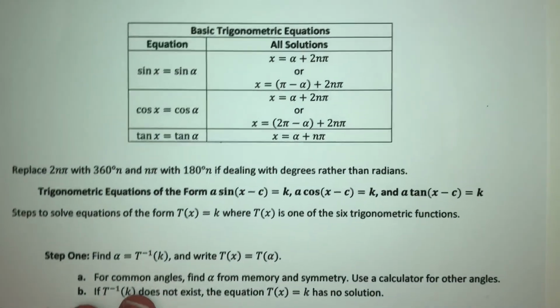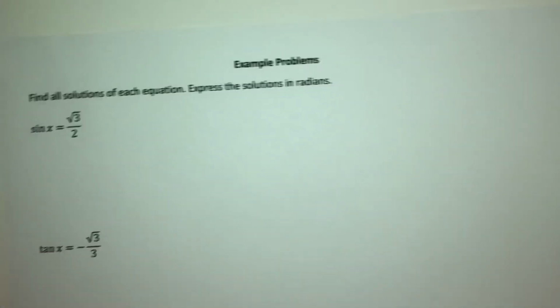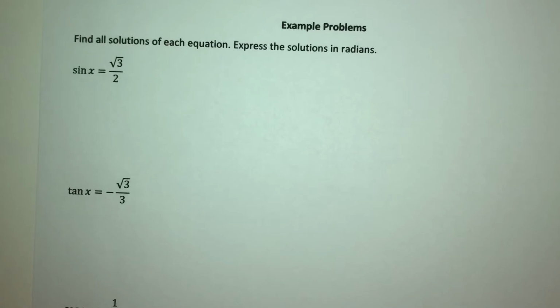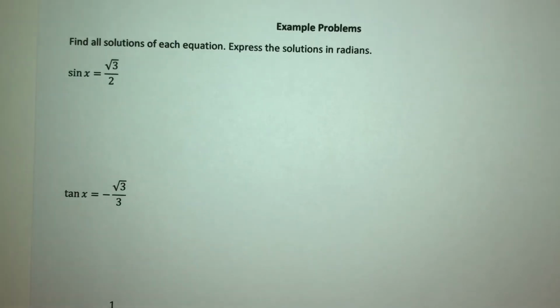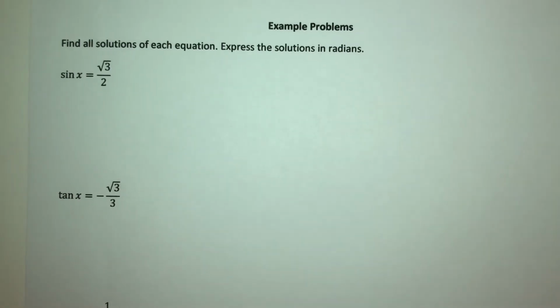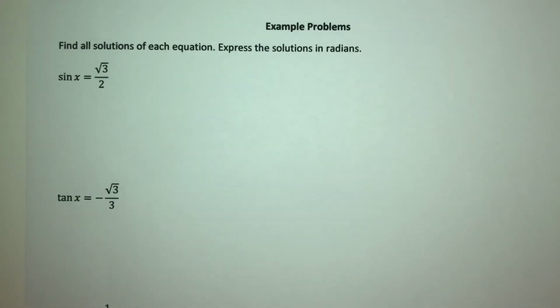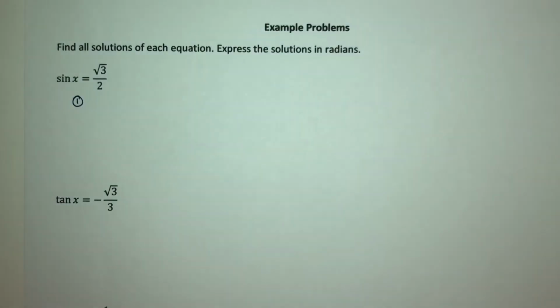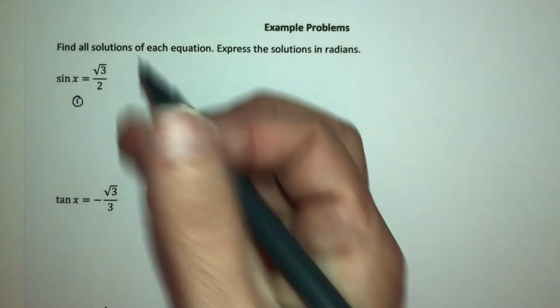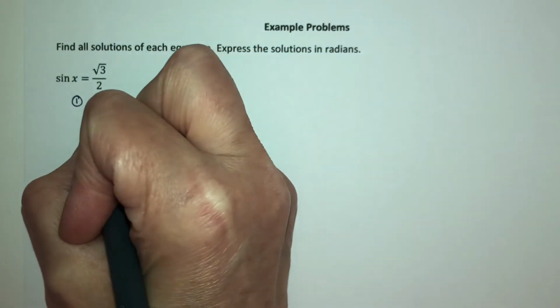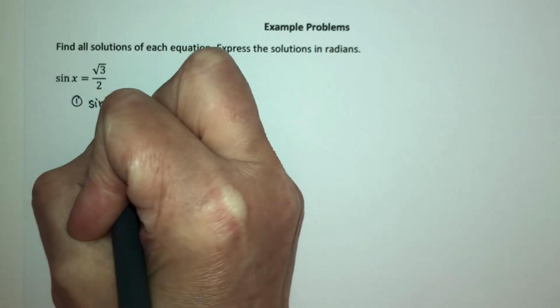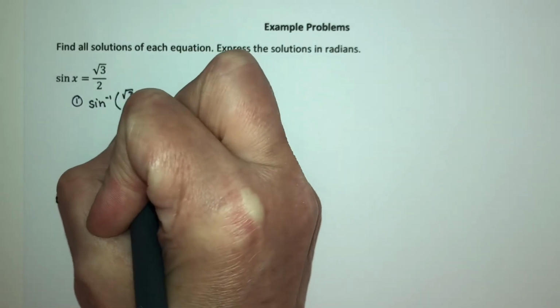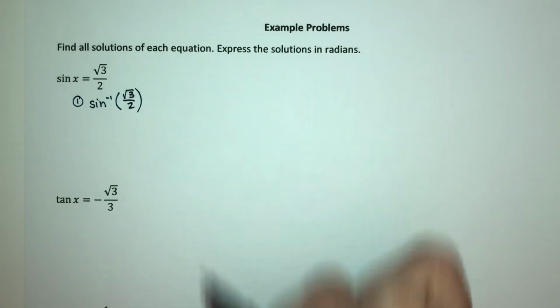So let's start off with sine of x is equal to square root 3 over 2. We are asked to find all the solutions, and we're supposed to give our answer in radians. The first thing we want to do is find one solution. What we can do is find inverse sine of the square root of 3 over 2.